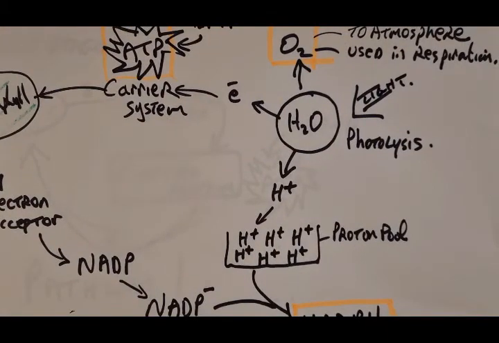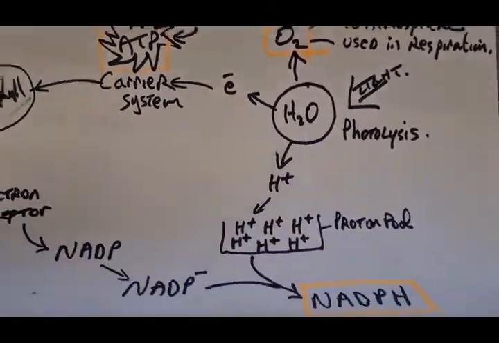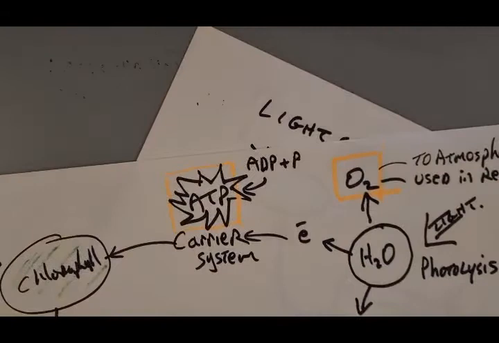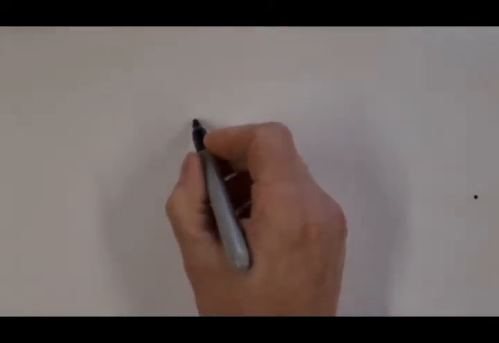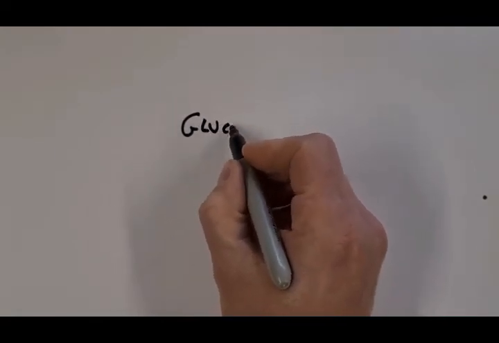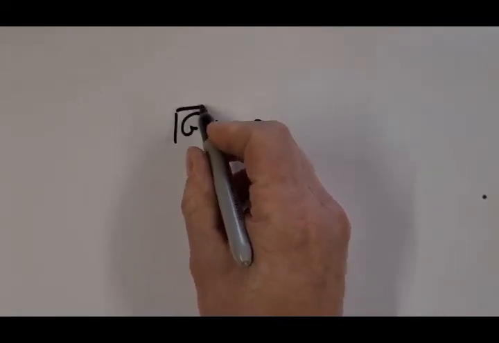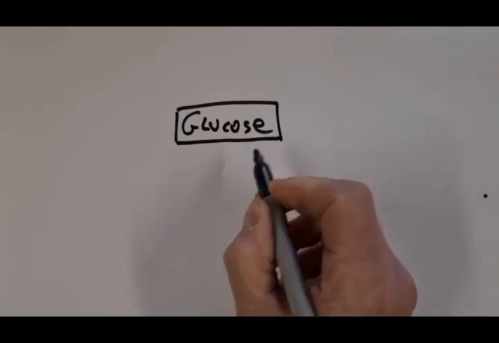Okay, now we look at the dark stage. Okay, the dark stage needs to make glucose. So glucose is made in the dark stage. So I can write that here. Okay, this is the end product of the dark stage.